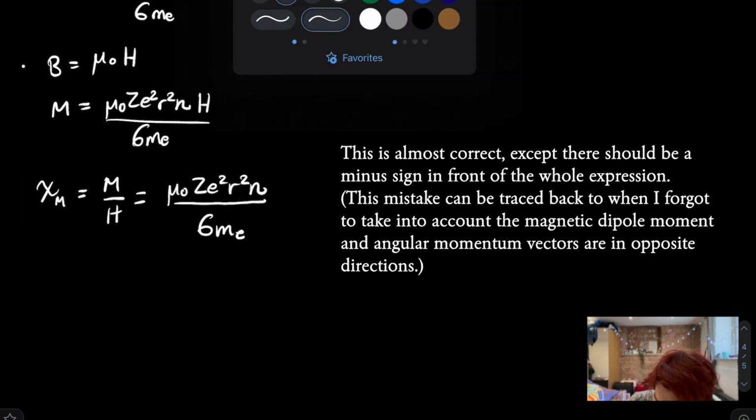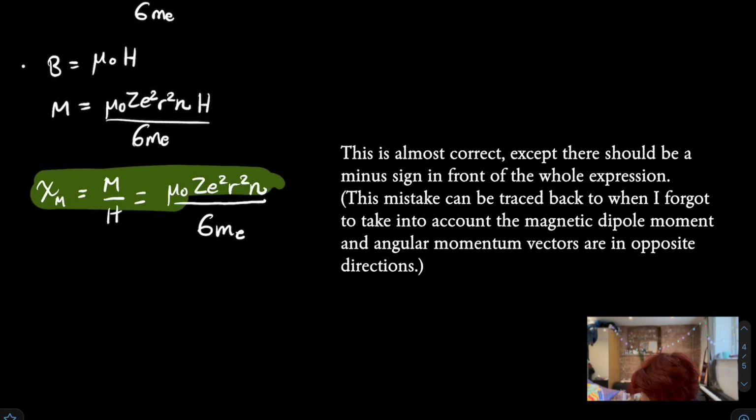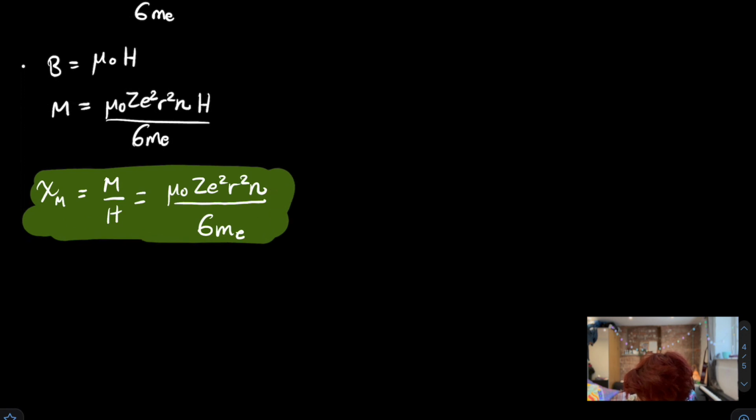This is a general formula for the diamagnetic susceptibility right here. And what you actually find is that in the idealistic scenario, so for perfect diamagnetism, you actually get that this tends towards -1, and that is the maximum amount of diamagnetic susceptibility you can possibly get.